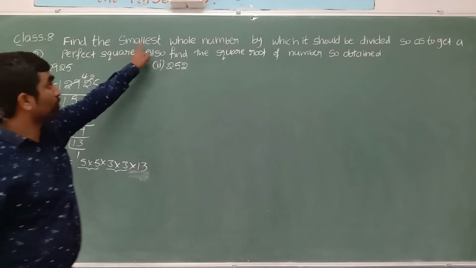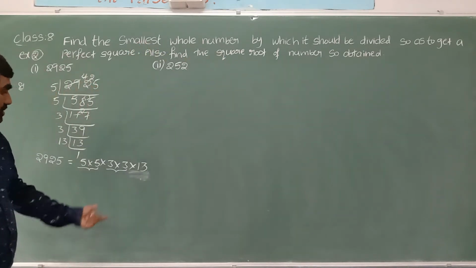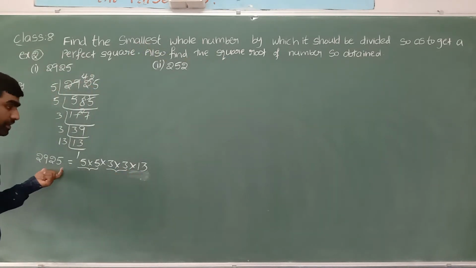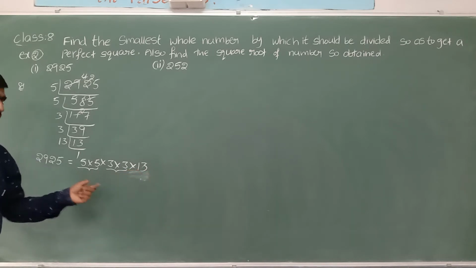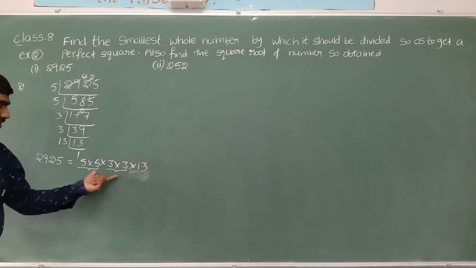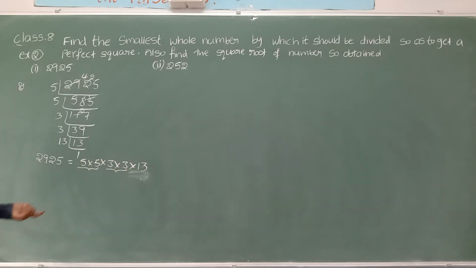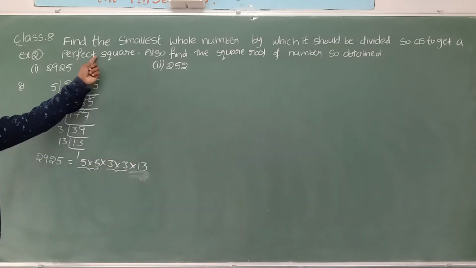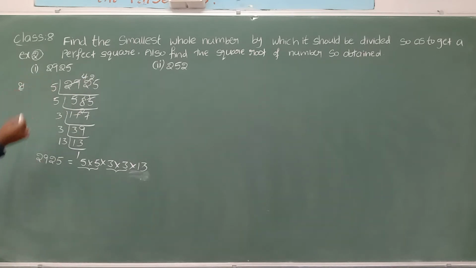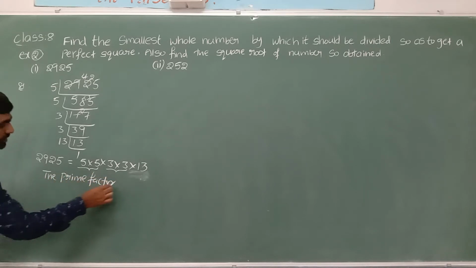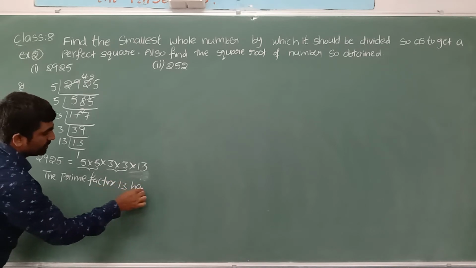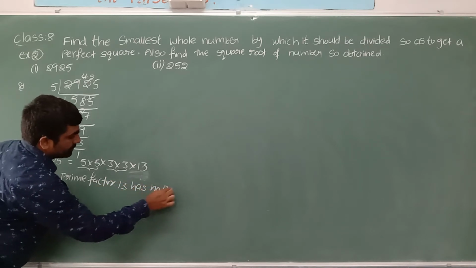Now tell me, what is the smallest number we can divide by? Yes, the smallest number we can divide by is 13. 13 has no pair, so divide by the same number so that we can see 13 cancel. The remaining numbers have exact pairs, so that we get a perfect square. So the prime factor 13 has no pair.